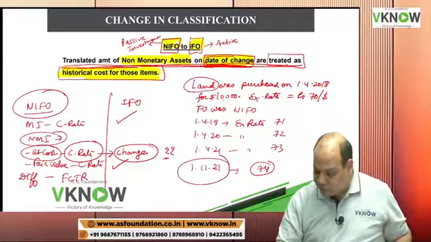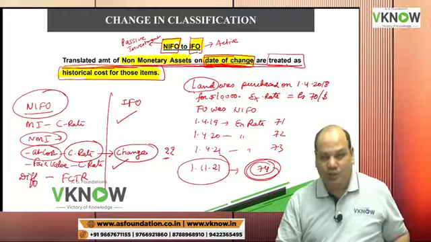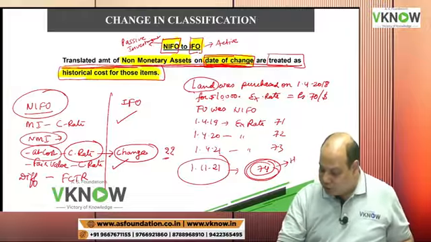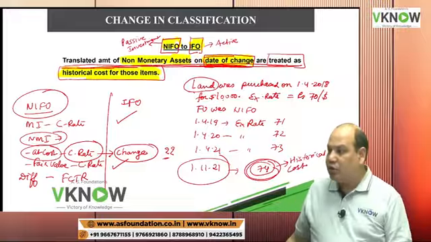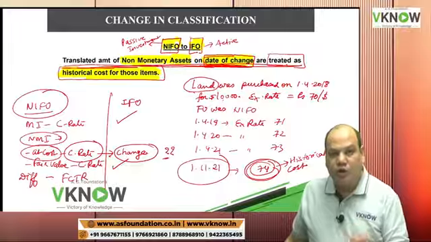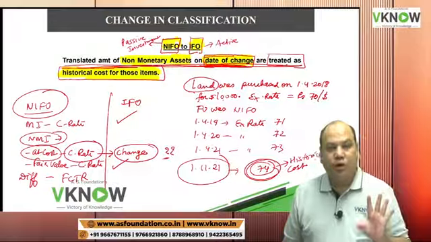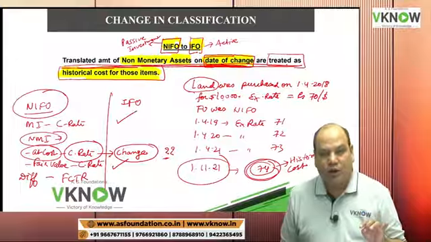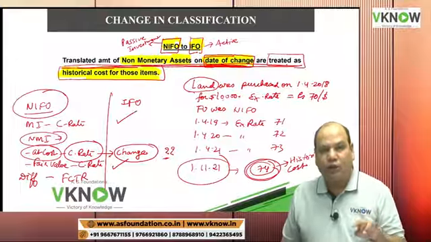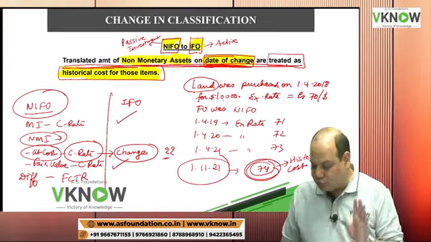This land will be valued at 74 today, and this will become its historical cost for future accounting, because it is to be carried at cost model, and we are going to follow integral foreign operation from future period.